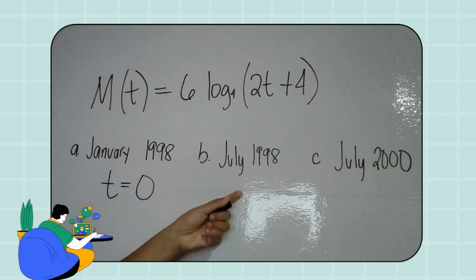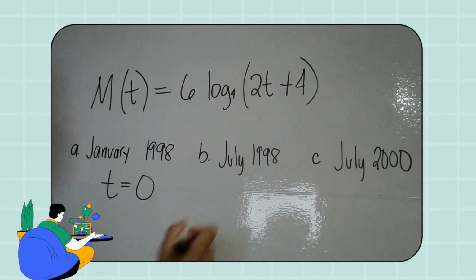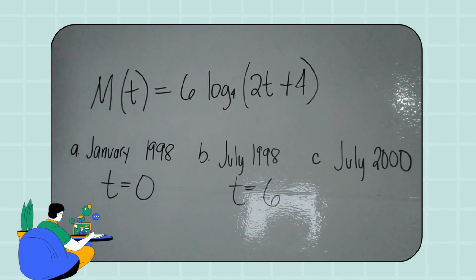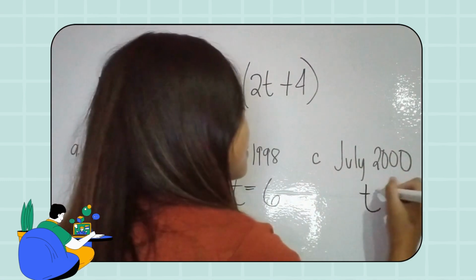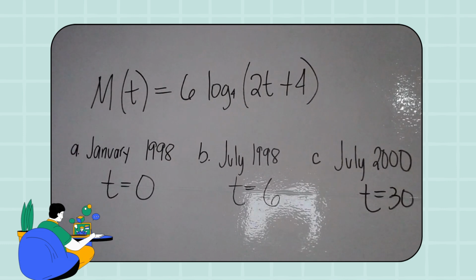For July 1998, which is 6 months after January 1998, t is equal to 6. For July 2000, which is 30 months after January 1998, t is equal to 30. Now, we can substitute these values of t into the given function to calculate the number of mice for each specific month.